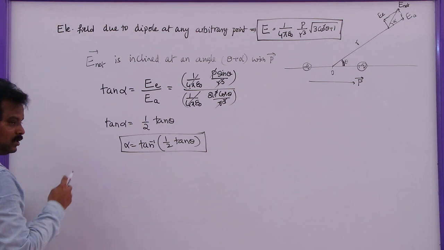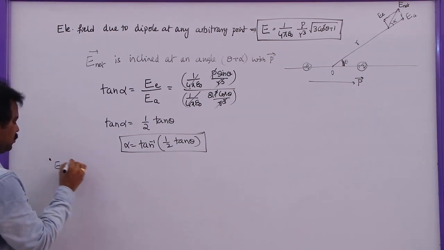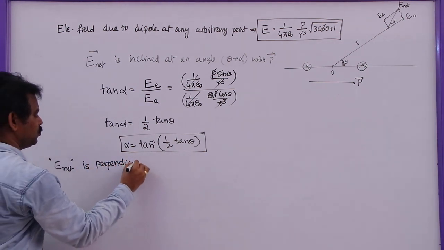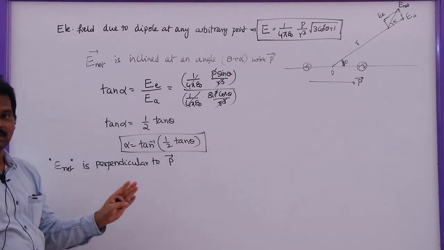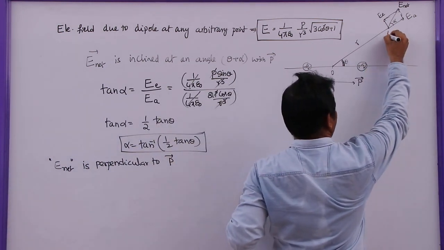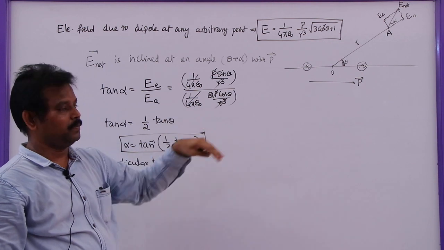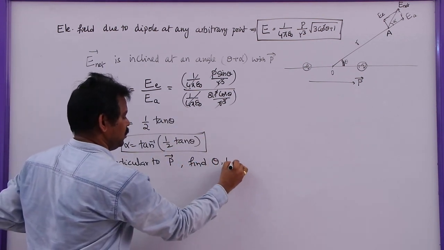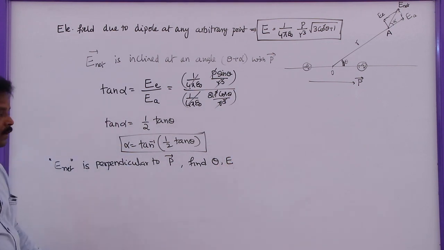In a problem, it is given that E net is perpendicular to p bar. The net electric field at a point, let me take this point as A, at A the net electric field is perpendicular to p bar. Then find theta, which is not given, and the electric field in this case.